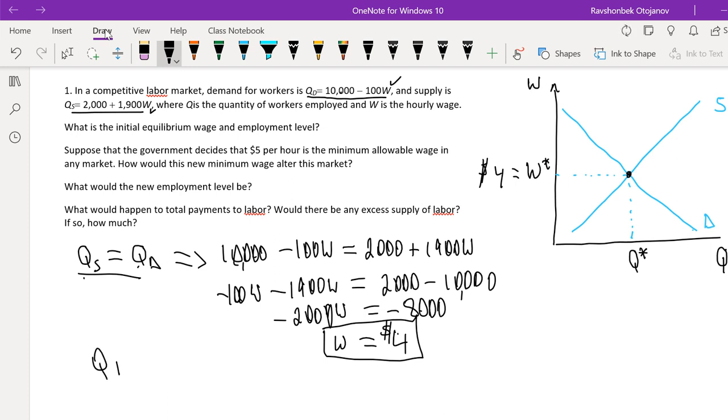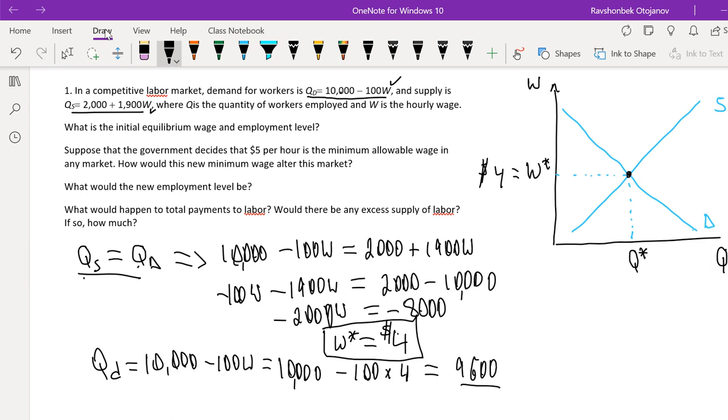Quantity demanded is 10,000 minus 100 W. If you plug in W, the equilibrium wage, the 4, then you have 9,600 people.